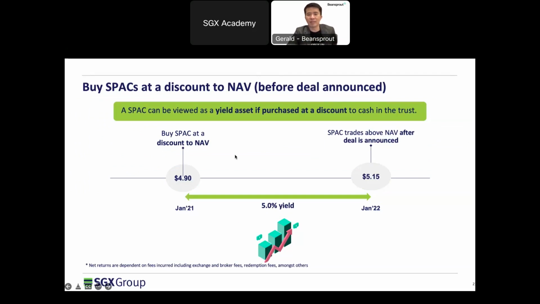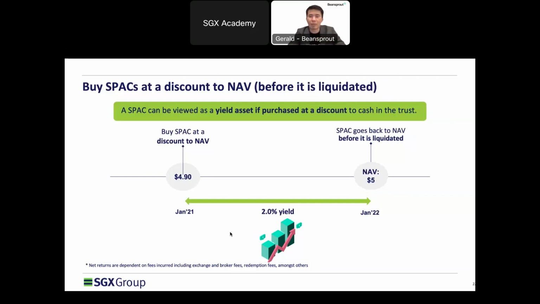If you have the SPAC that is trading at $4.90, and this is before the deal is announced, and the SPAC then trades up above the NAV after the deal is announced, let's say it goes up to $5.15, I would have a yield of about 5% over this period of time. Do note that this 5% yield is before fees incurred, including exchange and broker fees. But using this as an example, we can see that if it is trading at a discount to NAV, then that is one of the ways that we can think of the SPAC.